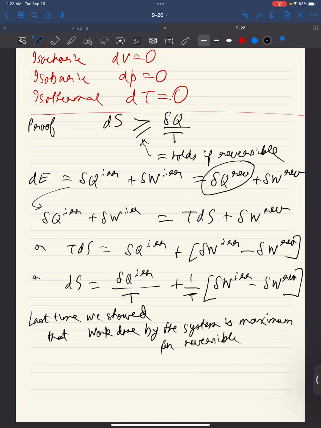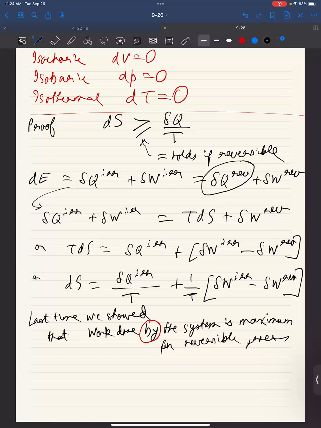So if you have an expanding gas and you want to see how much work you got out of the expanding gas, it's going to be maximized if the gas expands reversibly. We had two conditions, remember: the gas just went slowly from one volume to the other, and the second one, it just went boom. So work done by the system, we showed last time, and I will do it again, is maximum for a reversible process. But this is work done by the system. What is the connection between work done by the system and work done on the system? A minus sign, right?